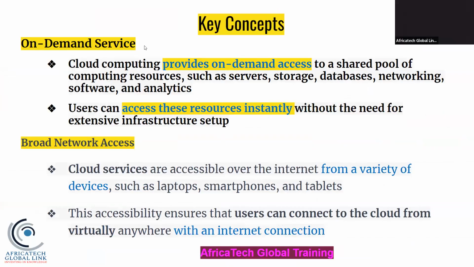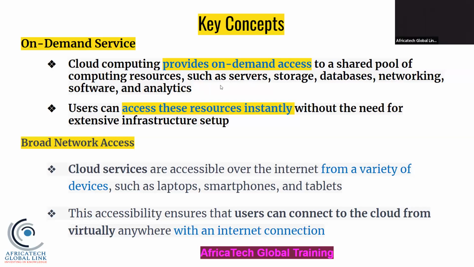So the on-demand service, you will hear this term a lot when we're talking about cloud. Cloud computing provides what? On-demand access to a shared pool of computing resources, such as servers, storage, database, networking, software, and analytics. So all these domains provide on-demand access.